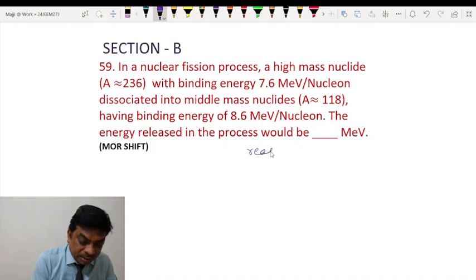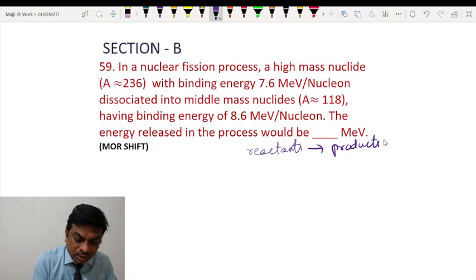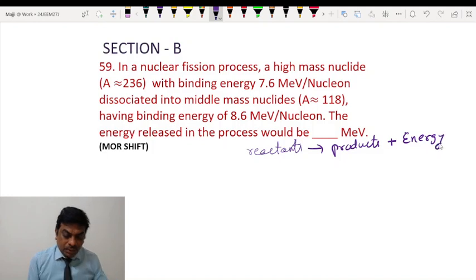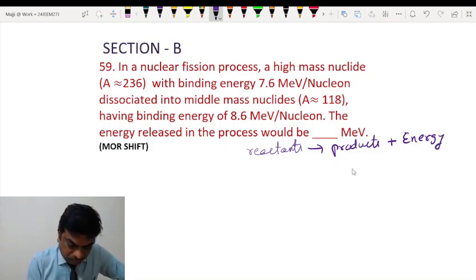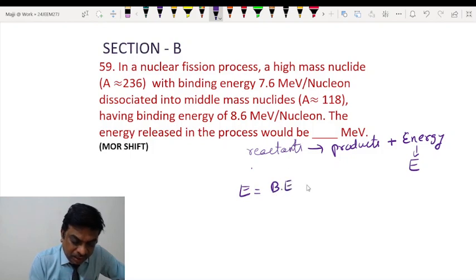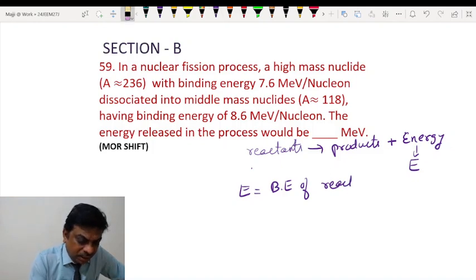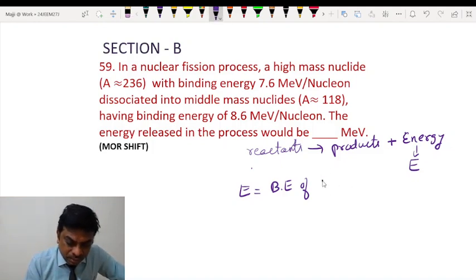So reactants give rise to products plus energy. So this energy can be obtained as binding energy of products minus binding energy of reactants.